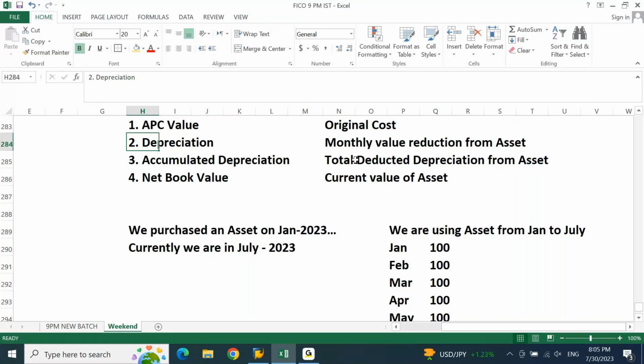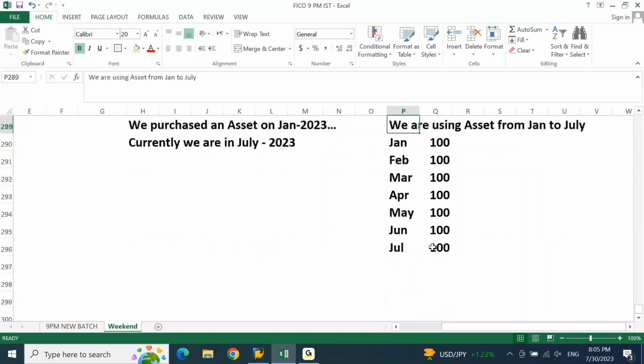On the other side, when I'm talking about accumulated depreciation, I am talking about total deducted depreciation from the asset. Since we started calculating depreciation from January alone, if I say what is the accumulated depreciation in January, my answer is 100.